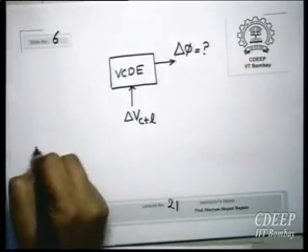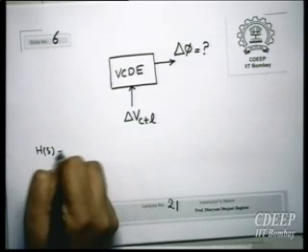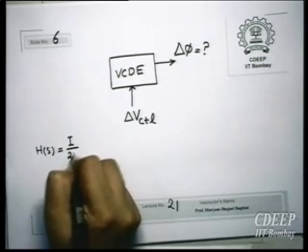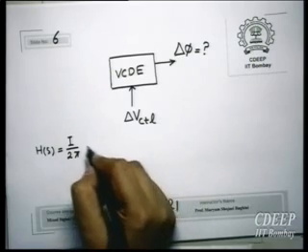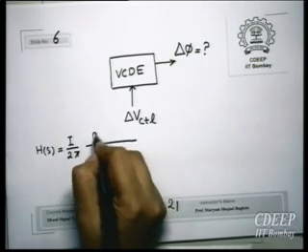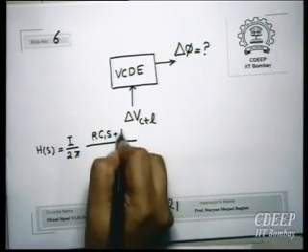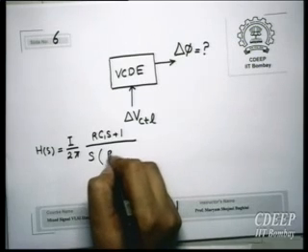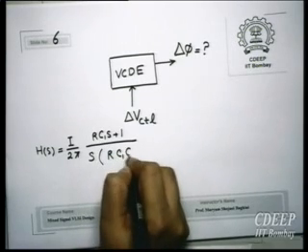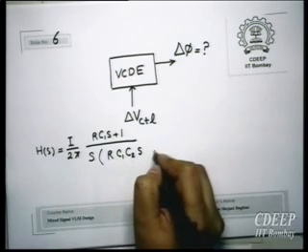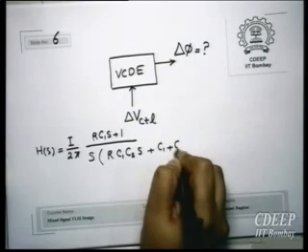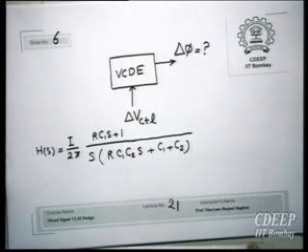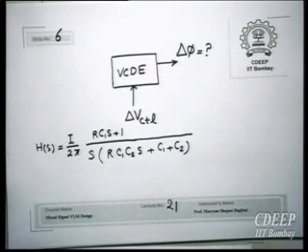So therefore H(s) will be I upon 2 pi, times 1 upon (R C1 s plus 1). You can derive it, it's very easy. It will be order 1, type 1. You can derive it for yourself, double check it.